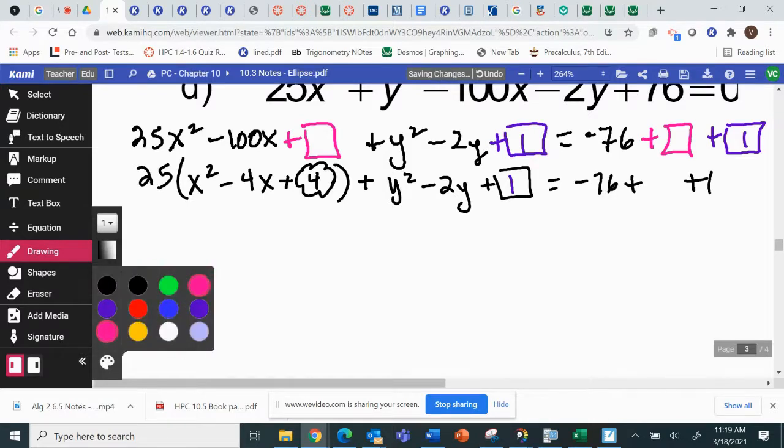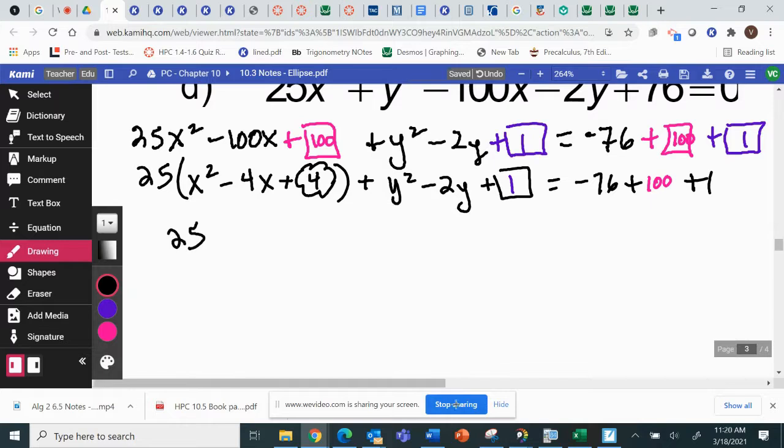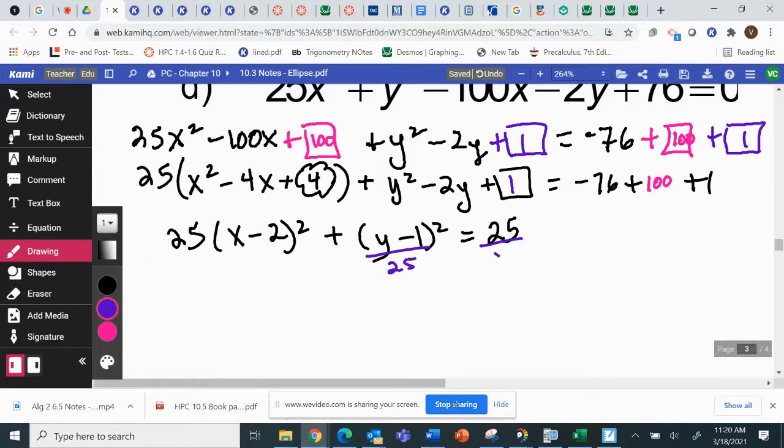And then for my pink one, 25 times 4, I put 100 on both sides. And then I'm going to factor, and I get 25 on the right side. So then I'm going to have to divide everything by 25.